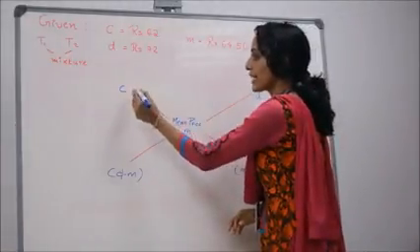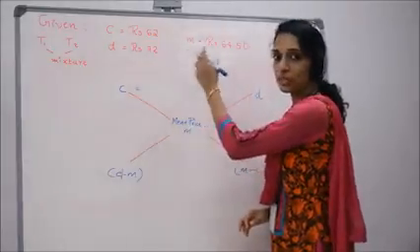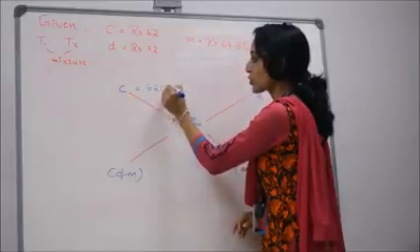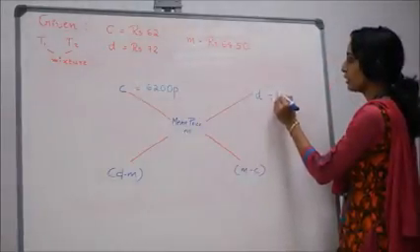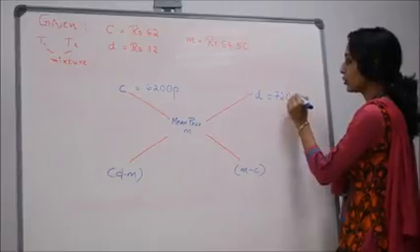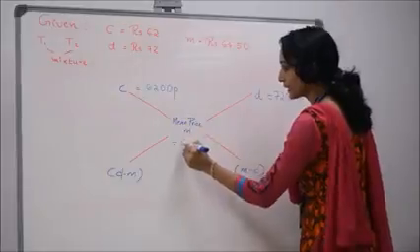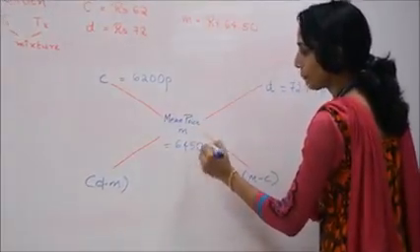We can write C is equal to rupees 62, that should be converted into paise. So we can write 6200 paise, and D is equal to 7200 paise, and mean is equal to 6450 paise.